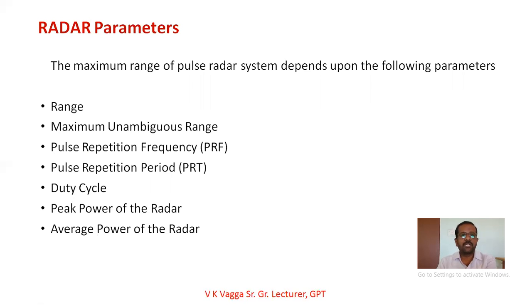The pulse repetition period is the interval of time between pulses. The duty cycle is the ratio of the actual allotted time to the time actually taken. The power in a single direction is called the peak power, and the power measured along all directions gives you the average power.